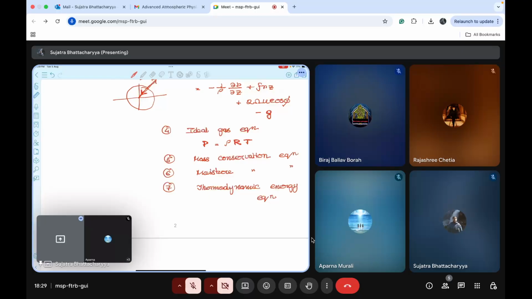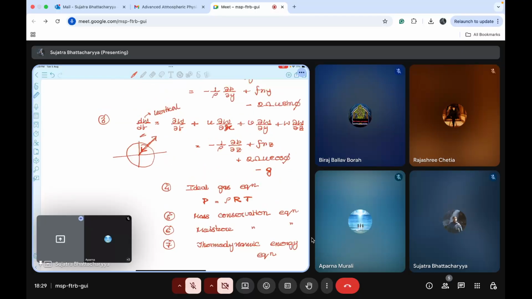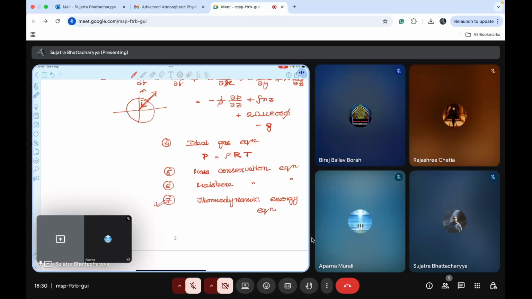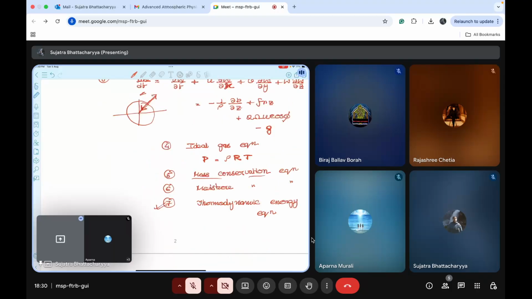These are seven equations, out of which three you already know. The fourth one also you know, and the thermodynamic energy equation is in the week 3 content. You might have read it, or if you haven't, you will see it. Mass conservation we will see today, and the ideal gas equation you all know. Based on all these physical equations, weather forecasting is done. So now you know how the weather is forecasted and why it is difficult to forecast, because of the non-linearity in these equations.